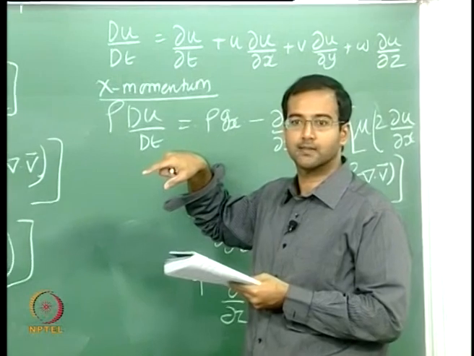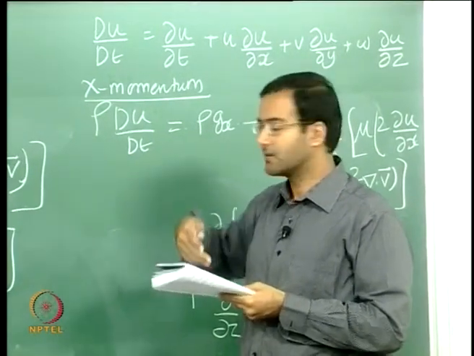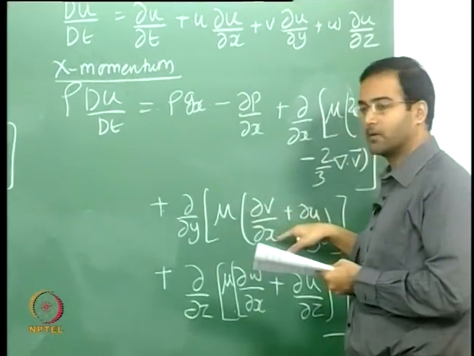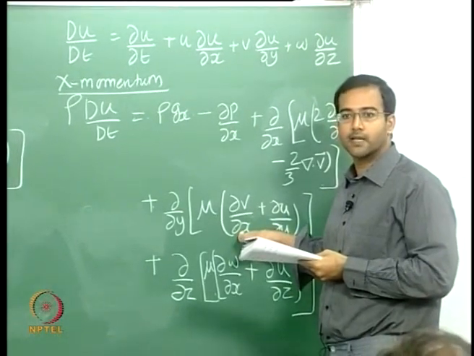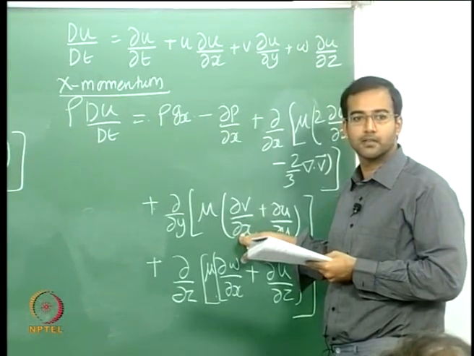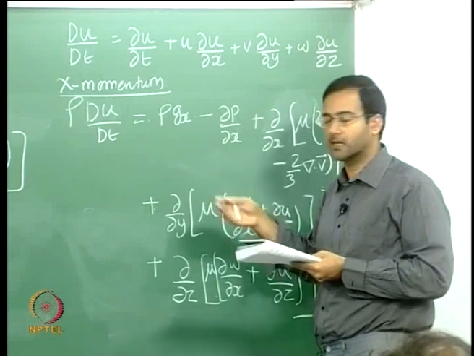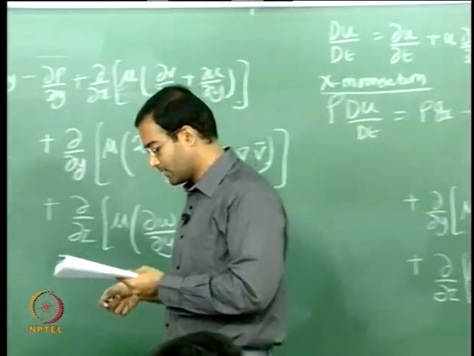So all these terms, once again you can take d by dx common, and you have du by dx plus dv by dy plus dw by dz. So that will again satisfy the incompressible continuity, that will drop out.